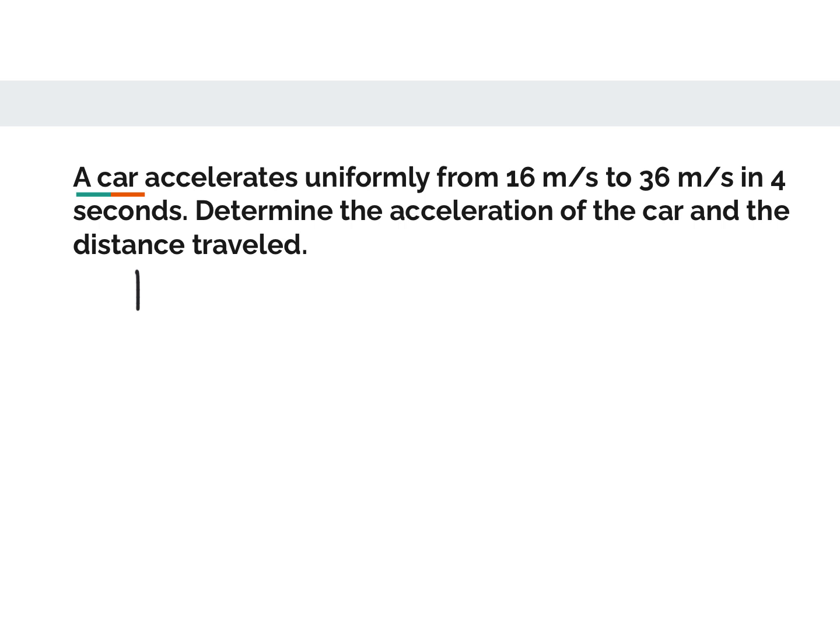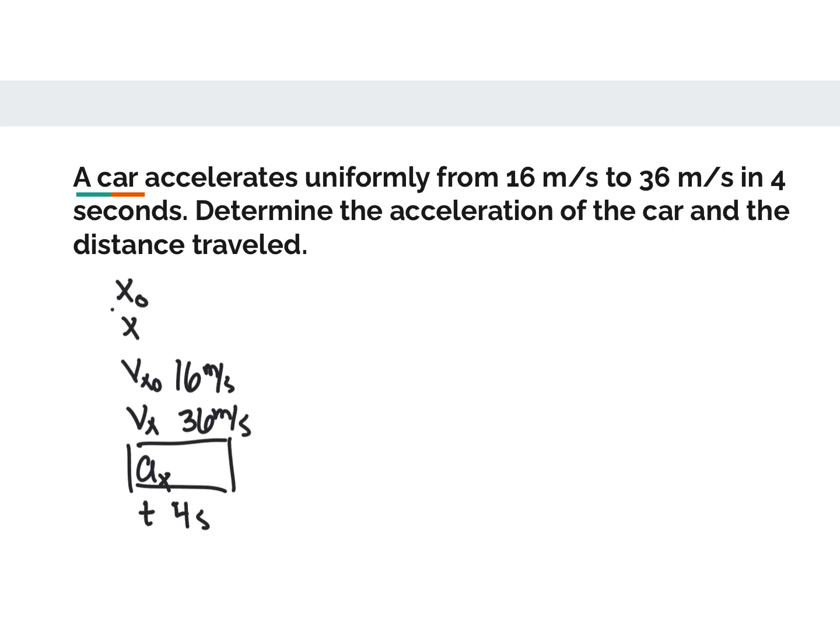I guess I won't draw a car. I think we can picture that, hopefully. I'm going to list out my variables. It's going from 16 meters per second to 36 meters per second in 4 seconds, and I'm looking for acceleration and distance traveled.